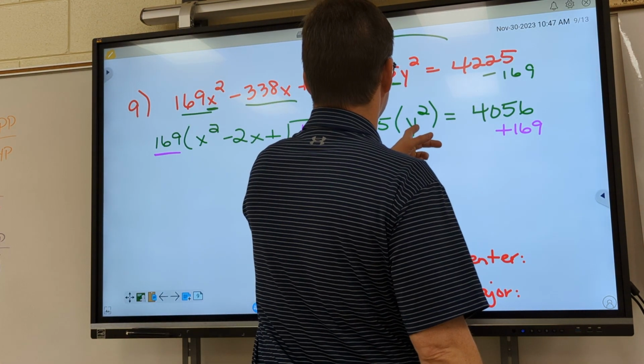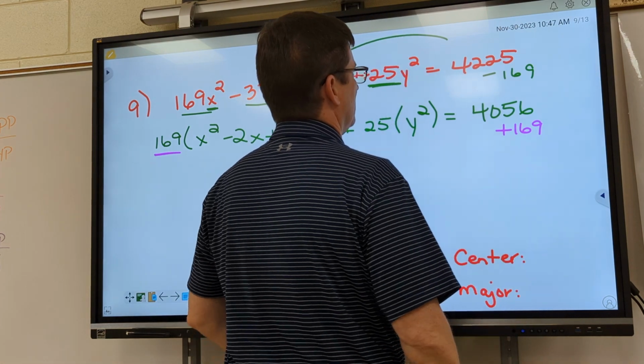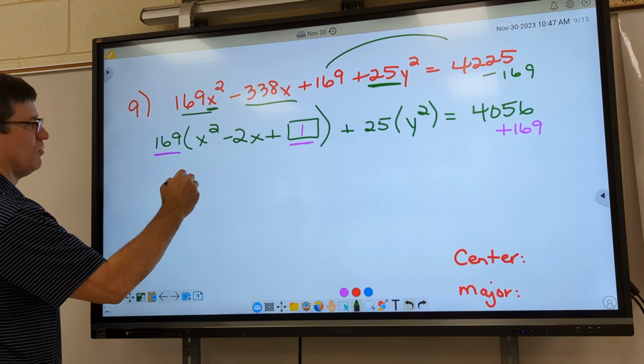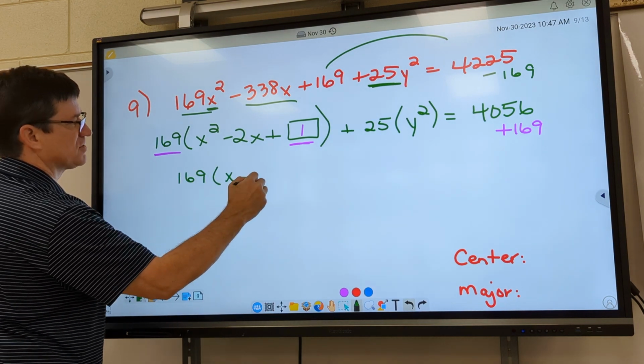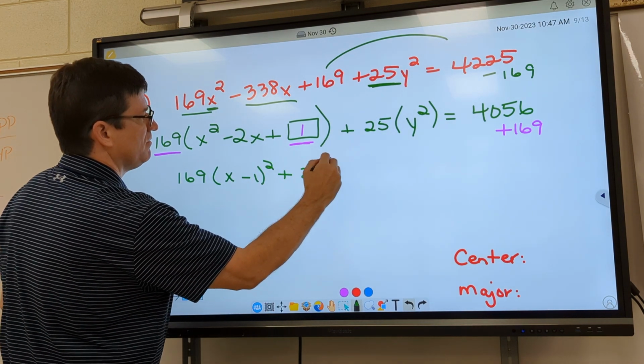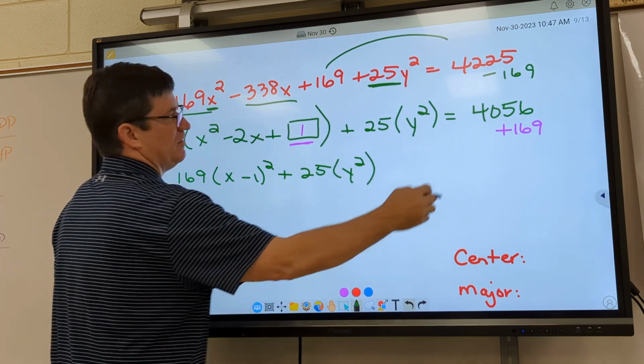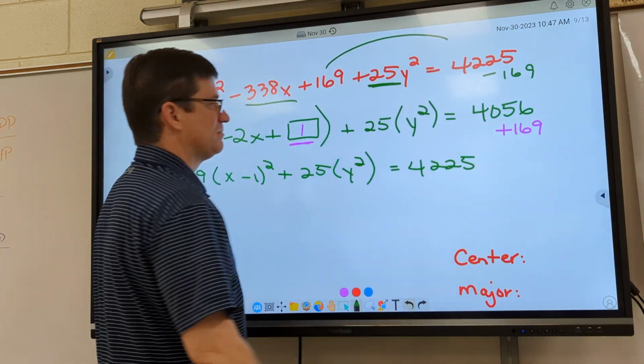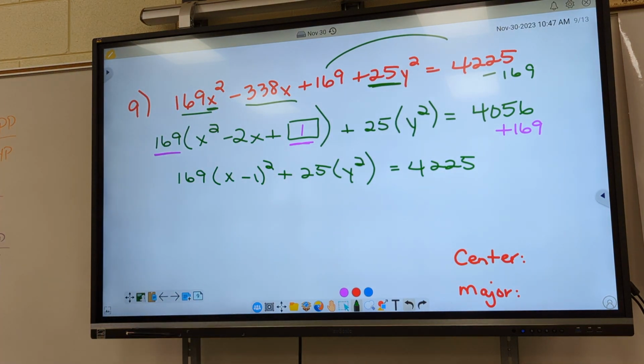This one doesn't have a box. All right. So I got 169, I got x minus 1 squared, 25 and y squared. If I add that back, I'm going to get what I started with, 4225. I'll stop and let y'all write it down. Make sure y'all see where I got that from.